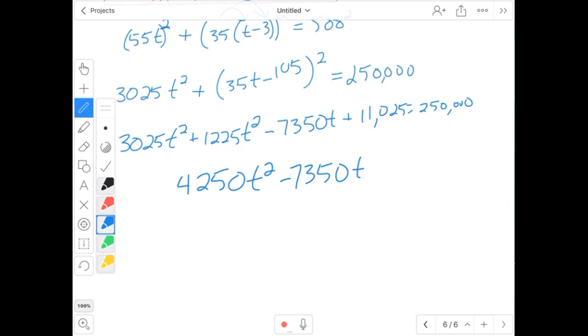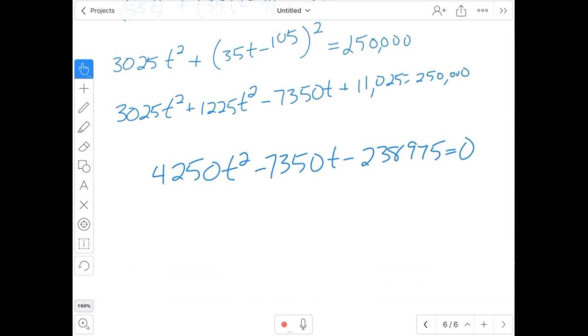Remember, we need it to be equal to 0. So I'm going to do 11,025 minus 250,000. So I'm going to get negative 238,975. Okay, so we have a lot of nasty numbers going on here.